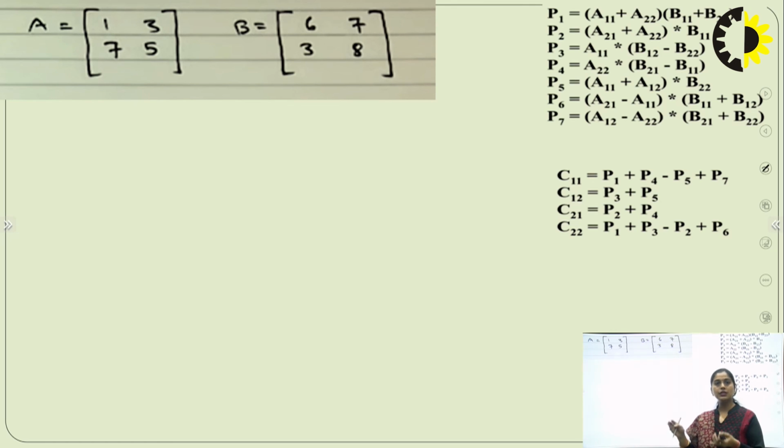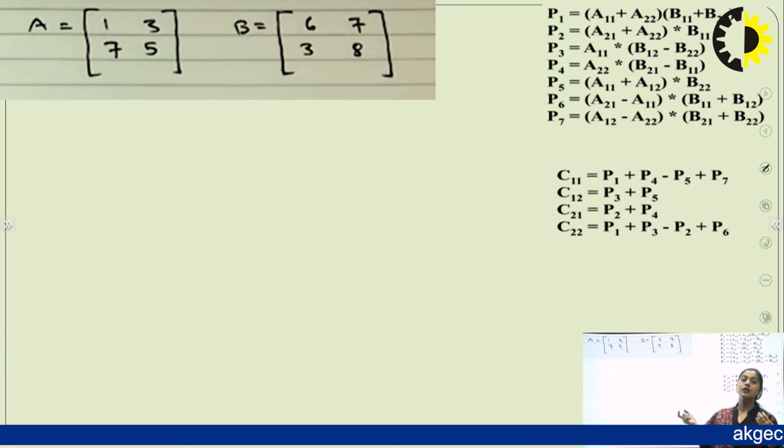After that, conquering. Conquering means if there is a problem P and you divide it into P1, P2, P3 and P4 as subproblems, then if we are applying some searching, or we can say some sorting, then all the problems P1, P2, P3, P4 are solved using the same particular technique.